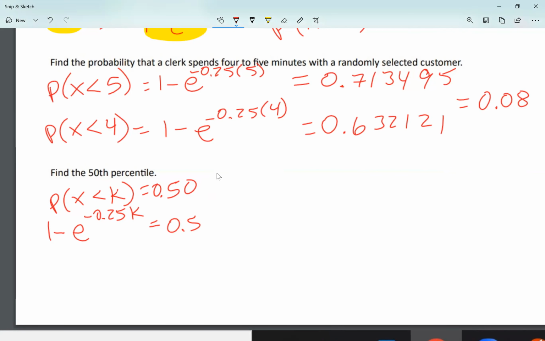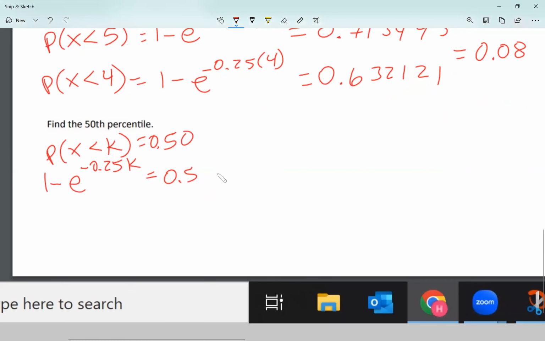My next step, let me subtract the 1. I'm going to cancel this 1 here by subtracting it on both sides. So I have negative e to the negative 0.25k is equal to negative 0.5, right? 0.5 minus 1 gave me negative 0.5.